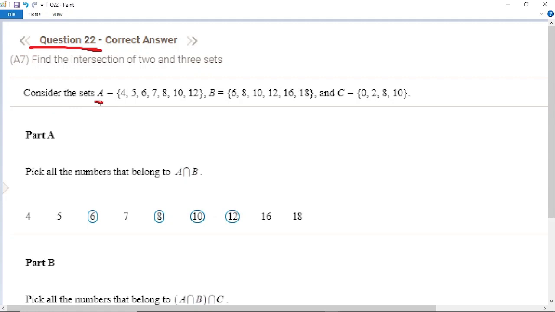Consider the sets A having these numbers 4, 5, 6, 7, 8, 10, 12, B 6, 8, 10, 12, 16, 18, and C 0, 2, 8, 10. Okay.